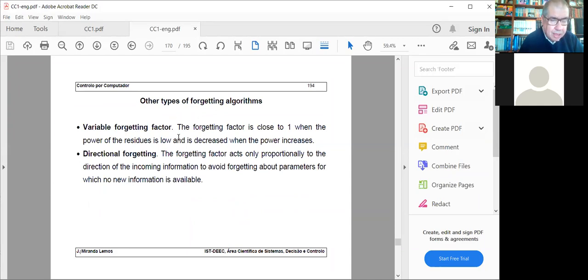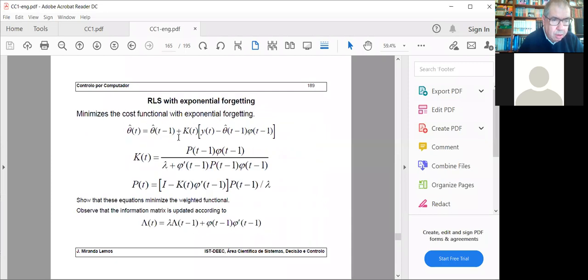and directional forgetting. Variable forgetting factors act like this. Suppose you get your prediction error. If this term here is very small, your estimate is very good. So don't use any forgetting. Make lambda equal to 1. But if you start seeing that this starts to increase, this is a symptom that the parameters are no longer correct and you could reduce lambda.